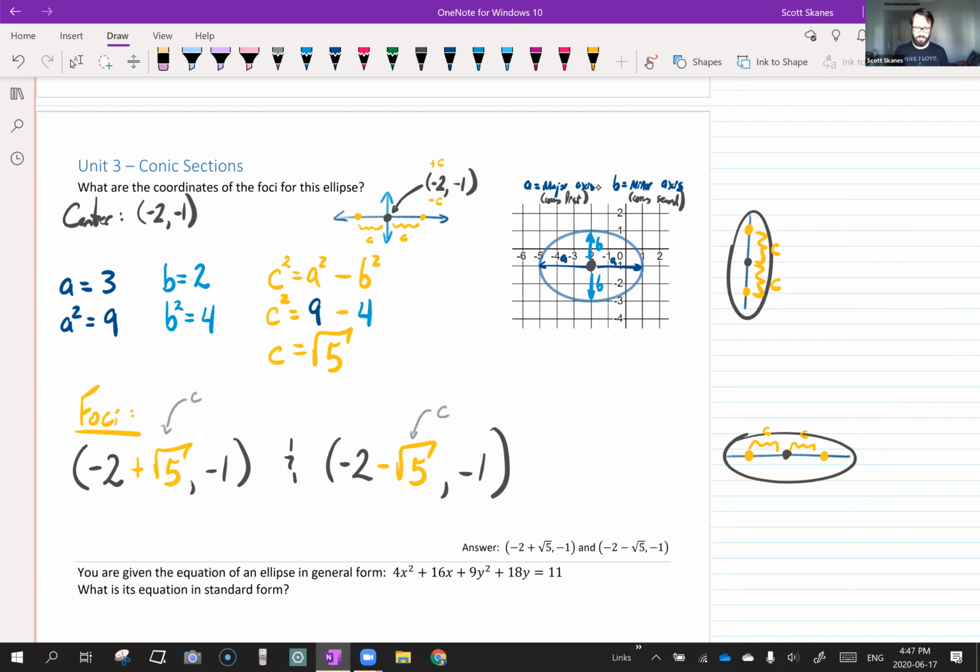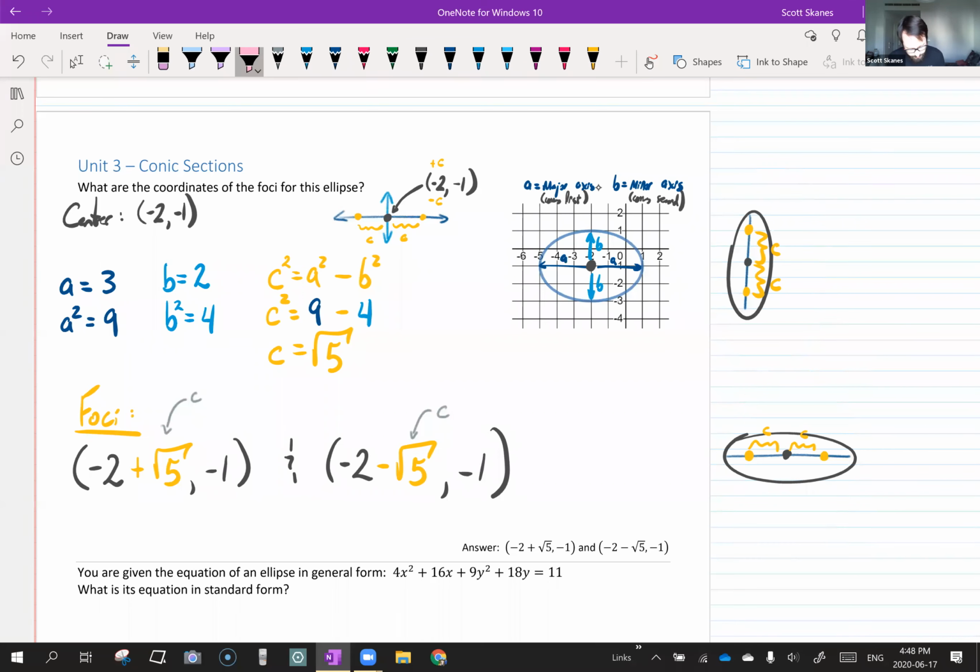So Ibrahim, you ask, what's the difference between these? The difference is one is stretched up and down, which means that the foci, the focal points, are going to be up and down.